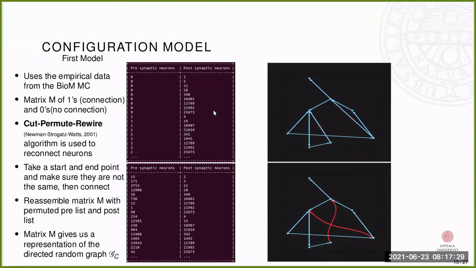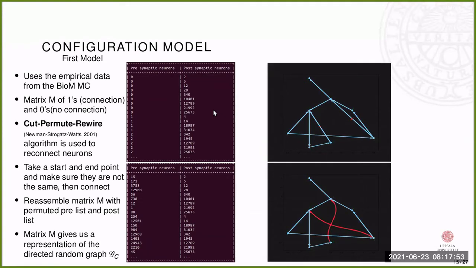Okay, so the configuration model is our first model. We use the empirical data from the BioM microconnectome, and to be able to do this model, we represented the connectome in the form of a matrix of ones and zeros, where ones are connections and zeros are no connections.